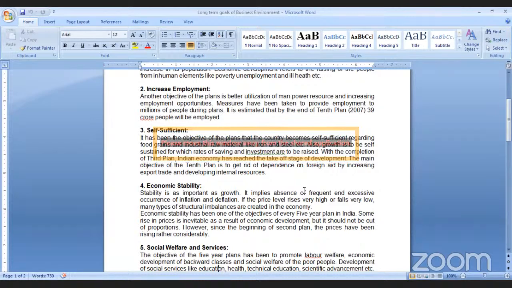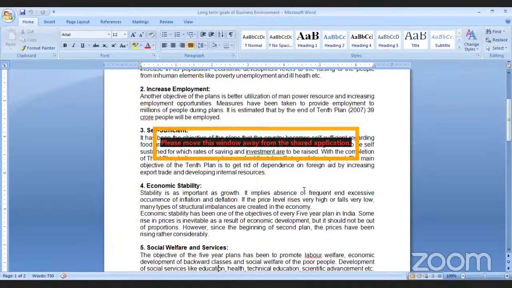Economic stability, sustaining the growth. Sustaining the growth. Okay. Economic means that people have the resources essential for a healthy life, you can say. Resources that help establish a healthy life, healthy livelihood. Yes.